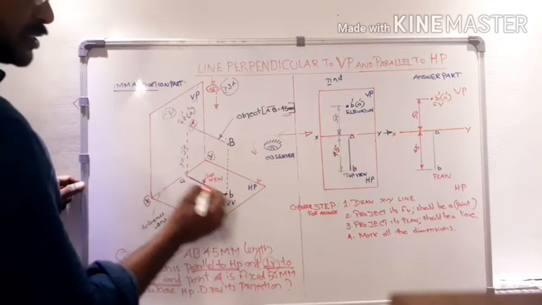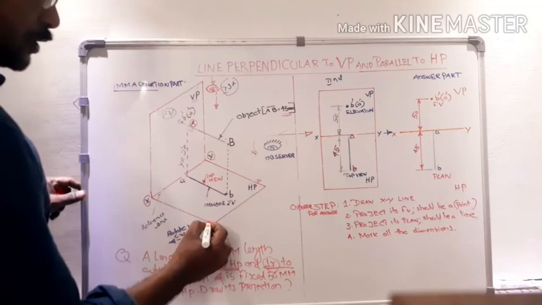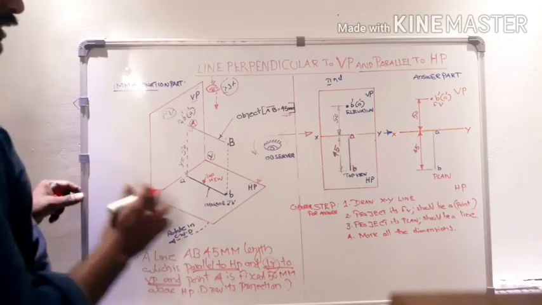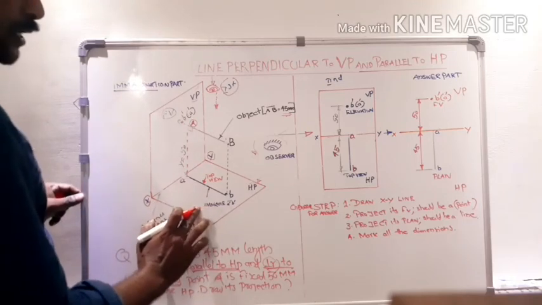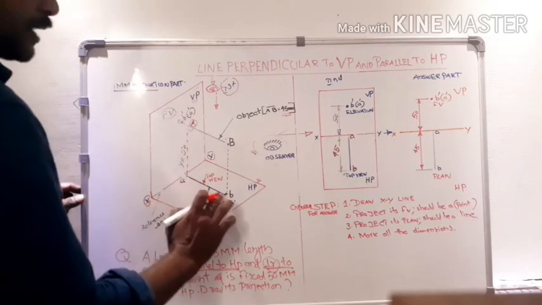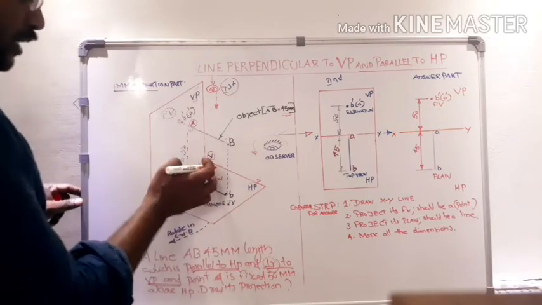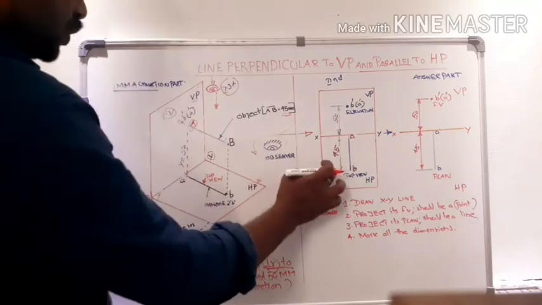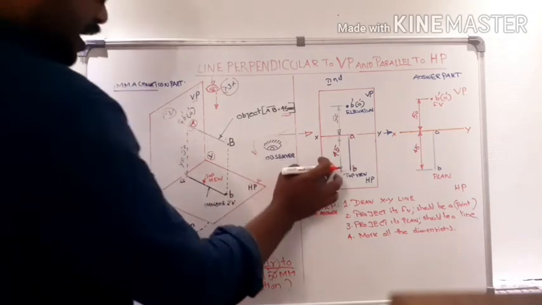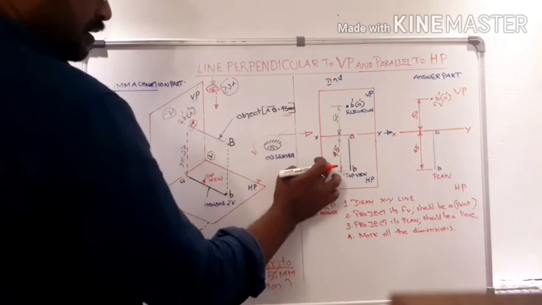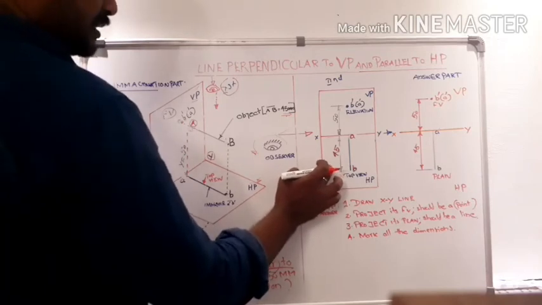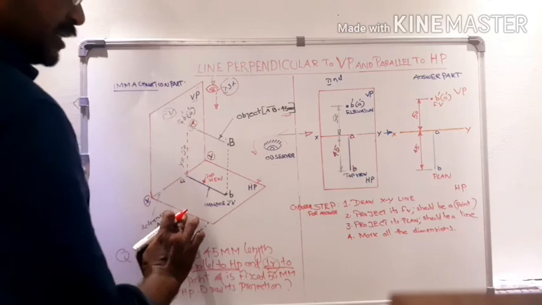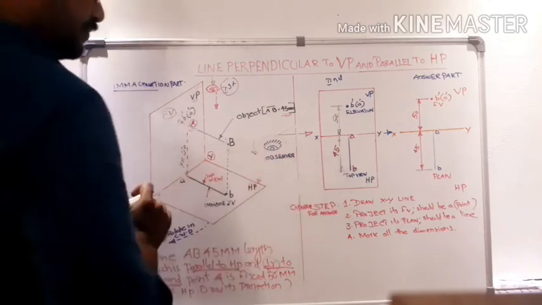After projecting these 2 points, the HP is rotated in the clockwise direction, then the HP and this plan also come below the reference line. See, this figure shows the projection after rotating the HP in the clockwise direction.